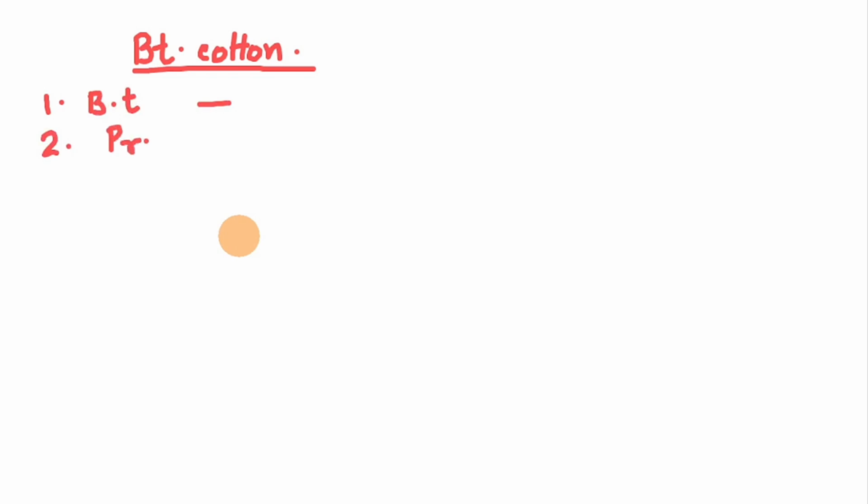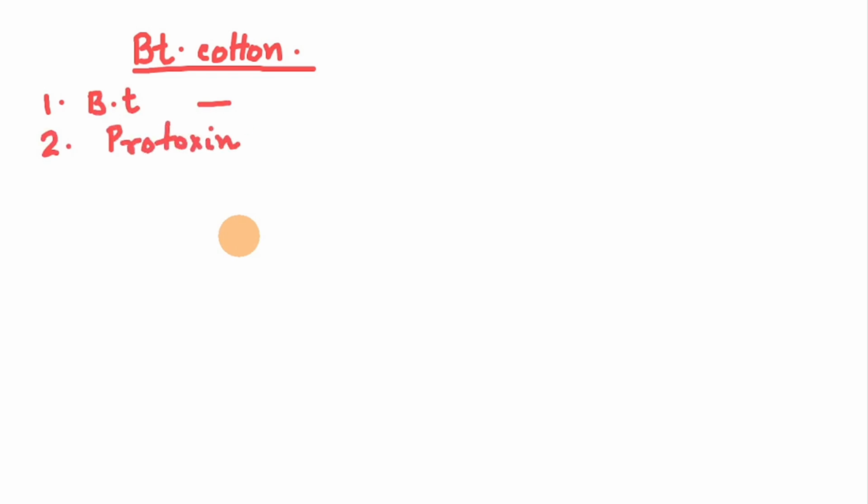So for our understanding, let me just write down these points here. Bt cotton. First one, the name of the organism is Bacillus thuringiensis. It produces the toxin. Then second point is the toxin produced is in inactive form, which is called protoxin.